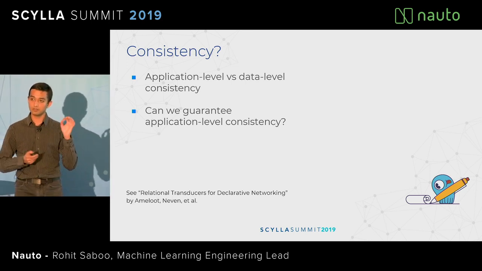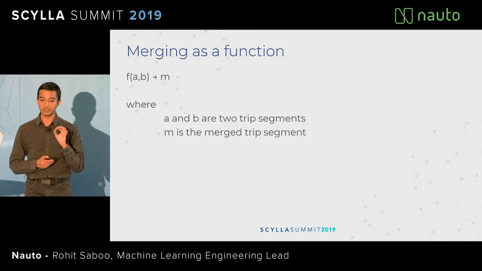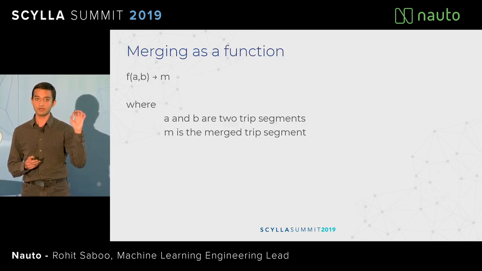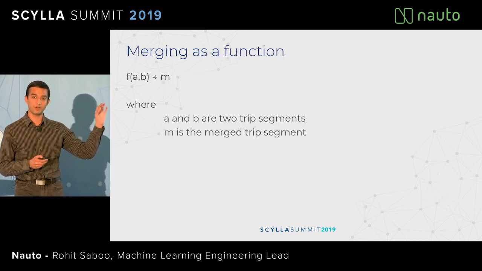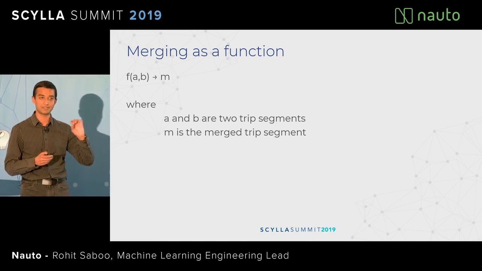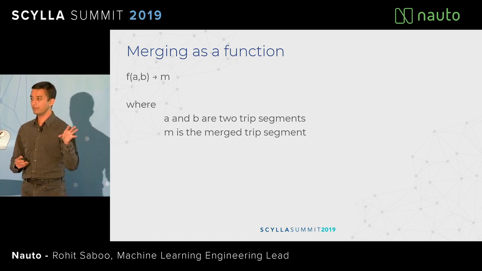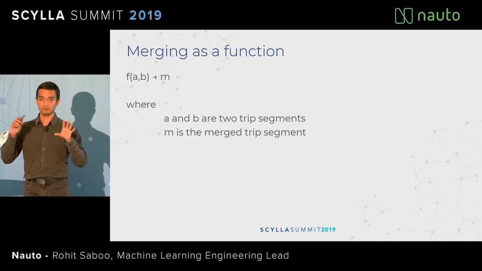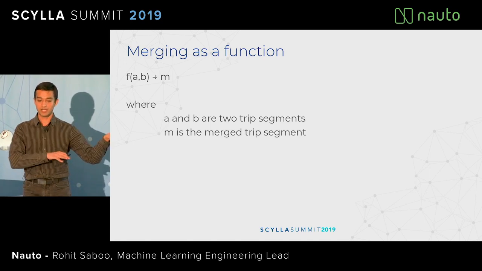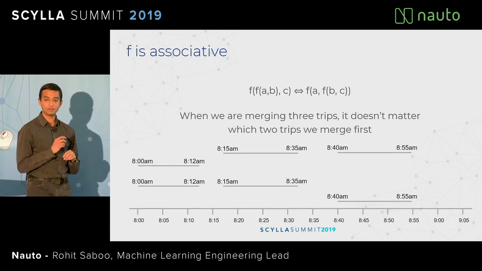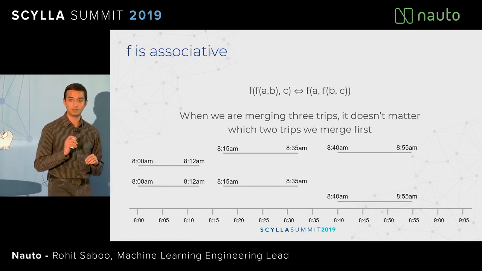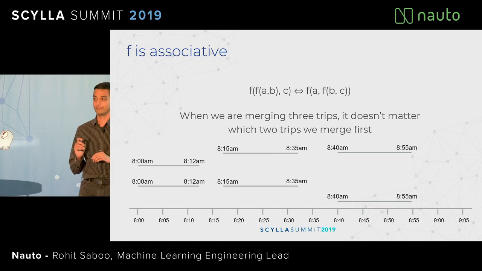So let's look at this in a little more detail, and in order to do this, I will rewrite that one particular step, the trip merging step, as a function. Think of it as taking two trip segments, merging them together, and producing an output. And let's look at a few properties of this particular function.